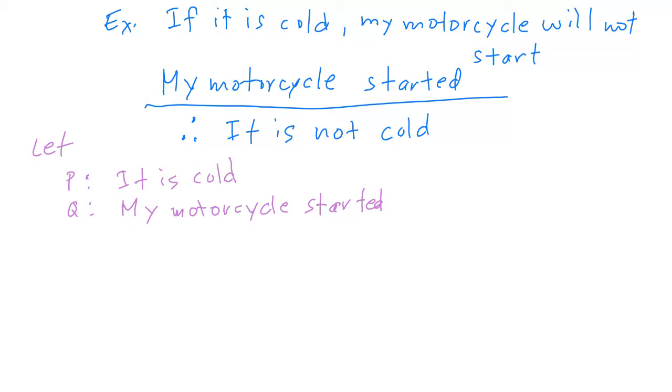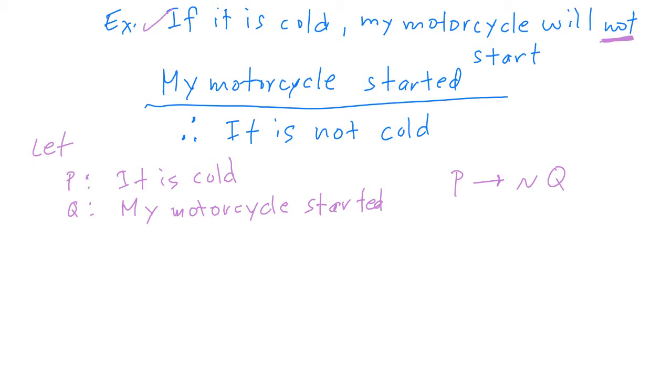Okay, and putting this in symbolic form, the first premise would mean P conditional not Q. So it's like if P, then not Q, because we're using not here.